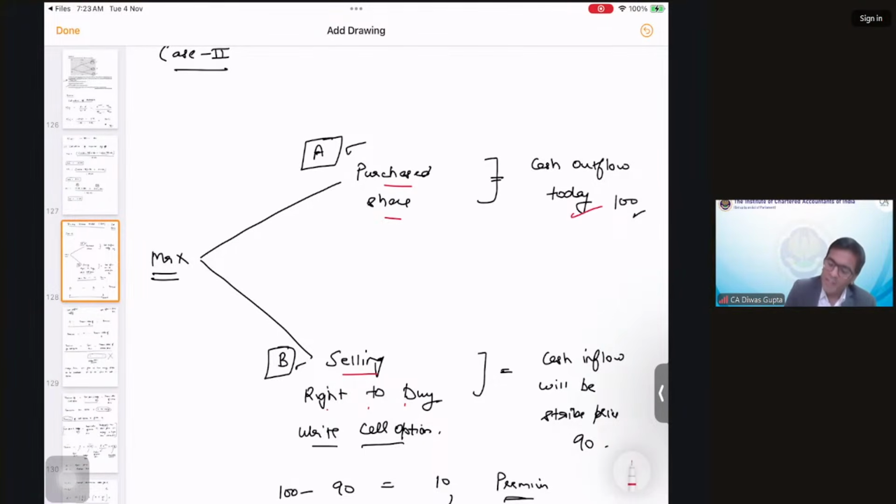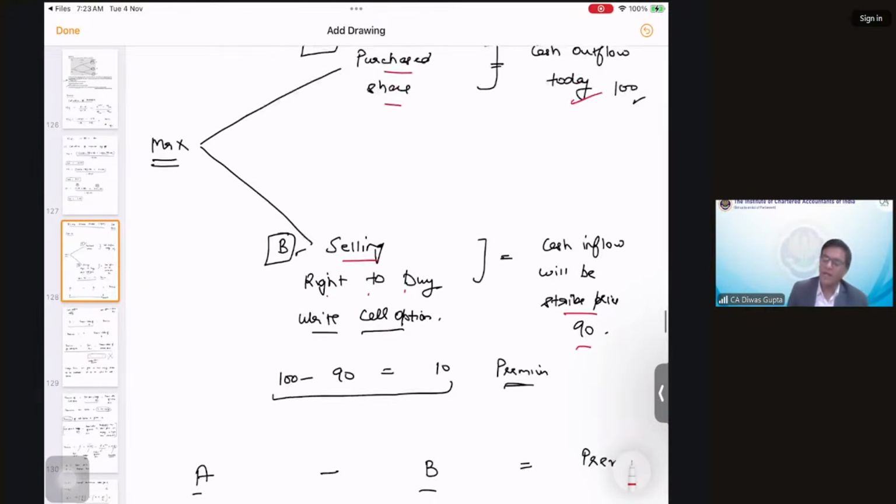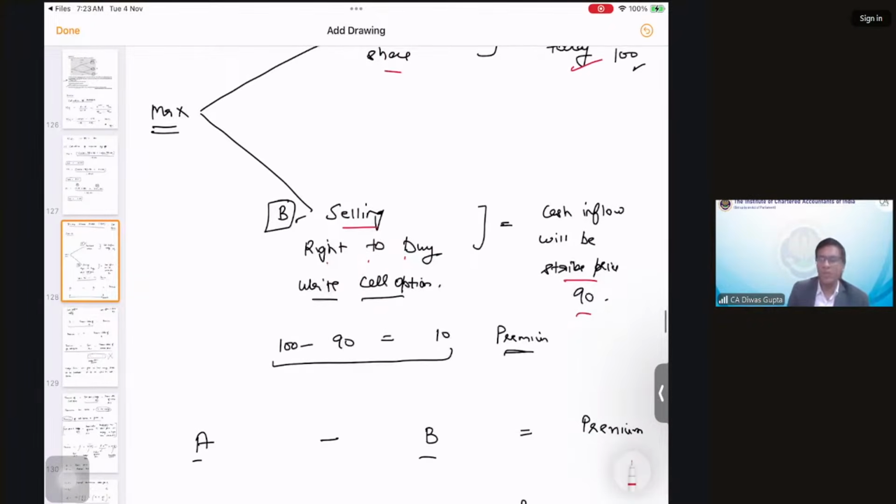So for purchasing a share, we will incur a cash outflow today, which is around 100 rupees, let's say. And by selling the right to buy, which is writing a call option, I will get on expiry the strike price, right? This is what is fixed for me. If I will have to sell it, I will have to sell it at 90 rupees. That is the strike price. Cash outflow today is 100 rupees. I will have to purchase the share.